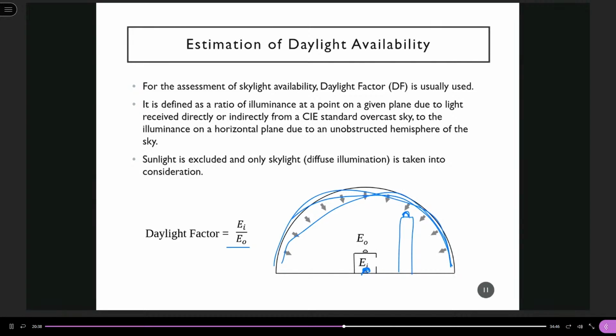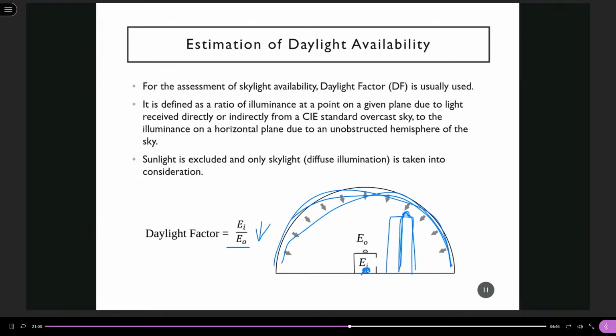Okay, so this daylight factor actually measures how densely packed your surrounding is. If you have a very tall building or a very close tall building near your house, then the daylight factor will be smaller, right?